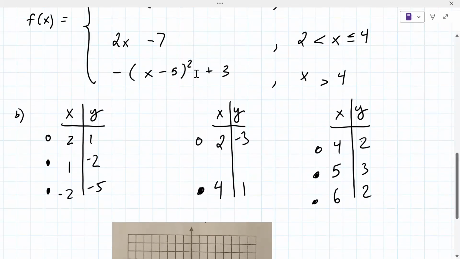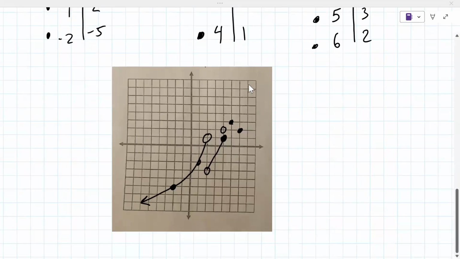The third piece, what's the name for that graph? The third one, that one is quadratic. Okay. So it's got a U shape, and we kind of have an idea of what's going on because it's got kind of this shape right here.